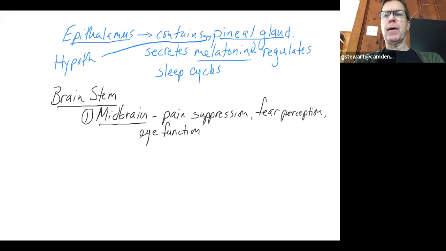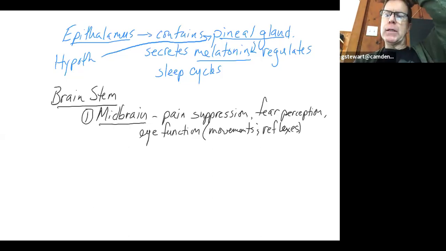I'll put movements and reflexes. What does that mean? So you actually have conscious control over your eye movements. You also have eye reflexes, like your pupil dilating and constricting. And last thing I'm going to write are hearing pathways.